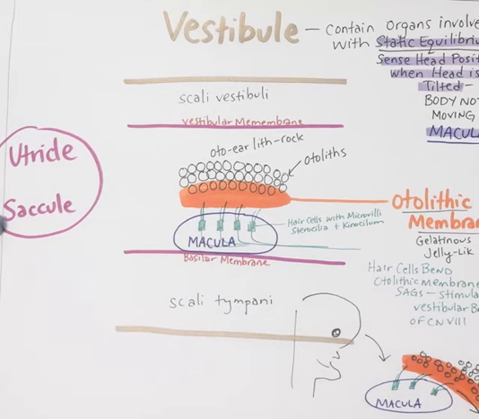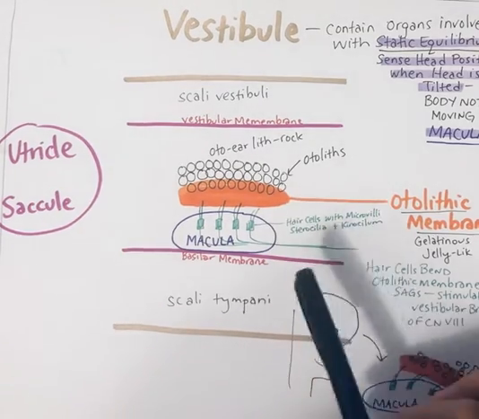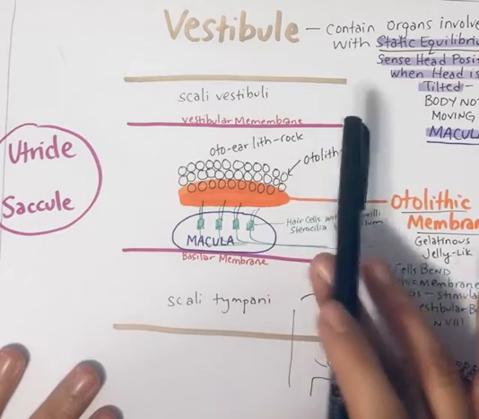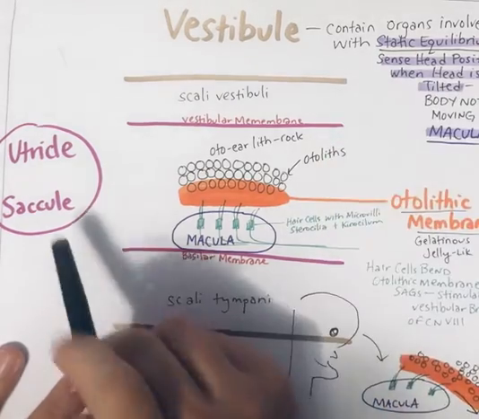The same thing happens when you take your head back, or if you take it to the side, or if you take it to the other side. Your otolithic membrane sags, and the otoliths, or the ear rocks, just pull on that side, and then you know that you're going to the right, or you know that you're going to the left. But this is only when the body is not moving. So your vestibule, the name of the membranous labyrinth is called utricle.